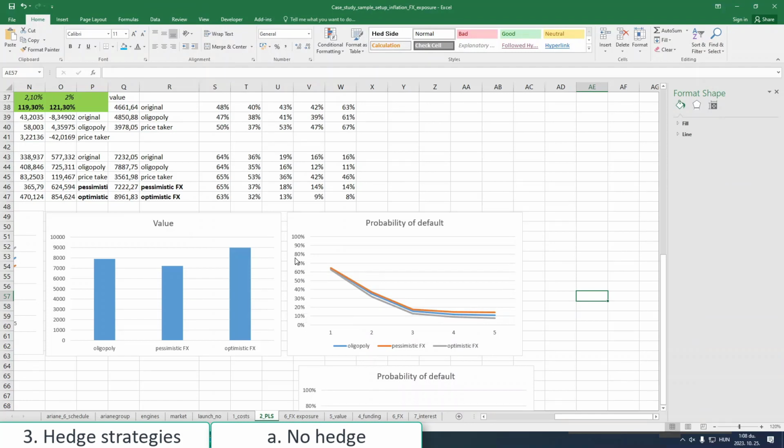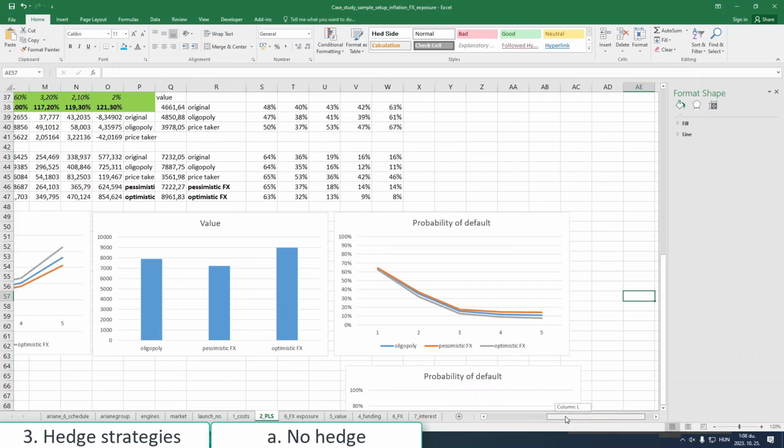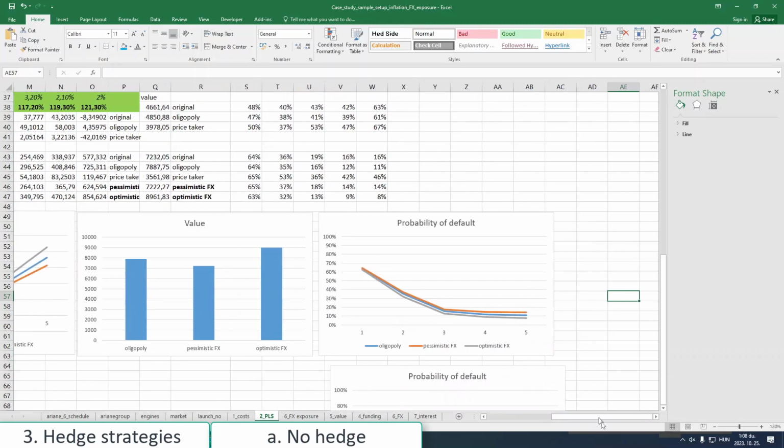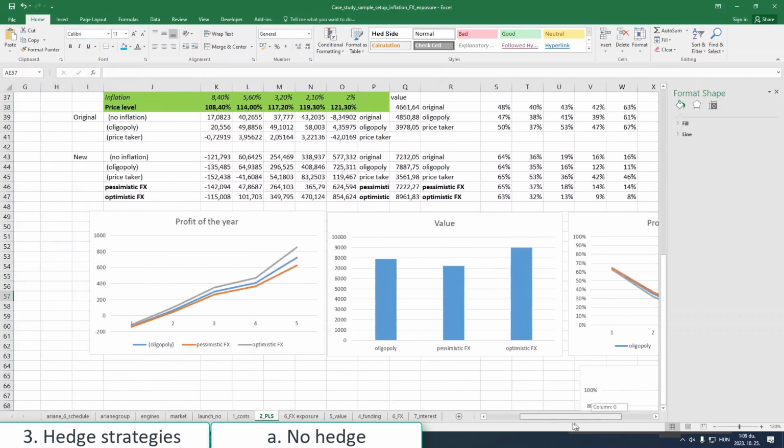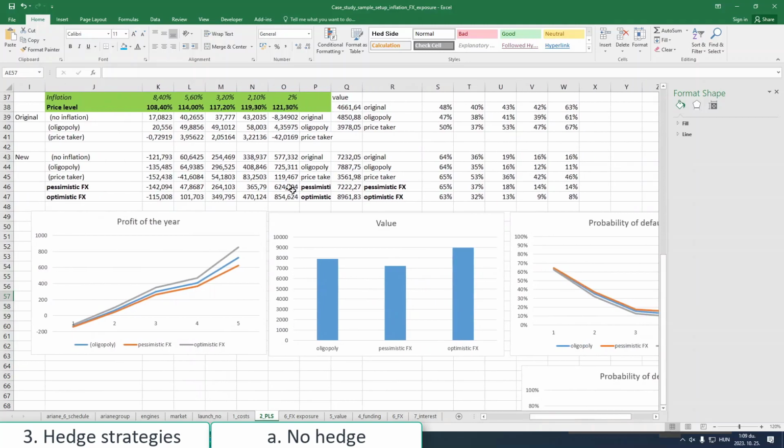So politicians are usually doing this, that they are not using the whole scale, because in this case you can increase the differences. What we can see here right now, that if we are not politicians, then practically the difference is not so much. If we are looking at what will happen with the probability of default, nothing, because the company is already healthy. So we are generating more money or even more money. That's the difference.